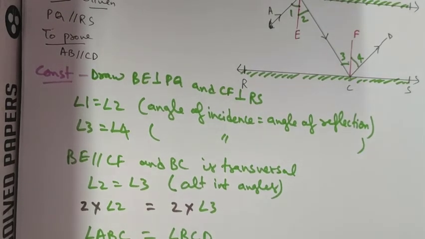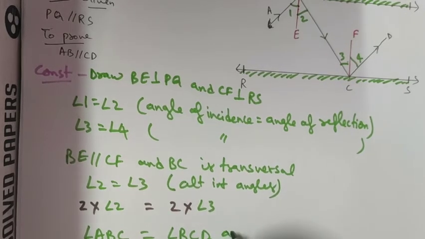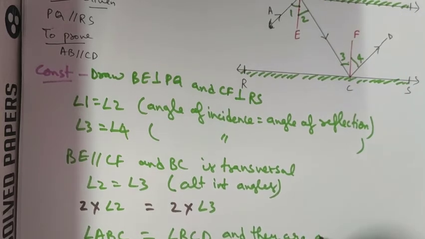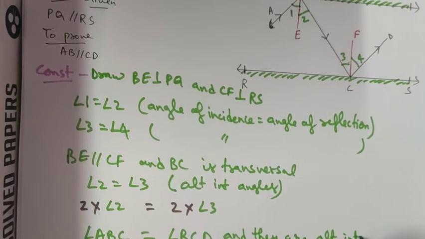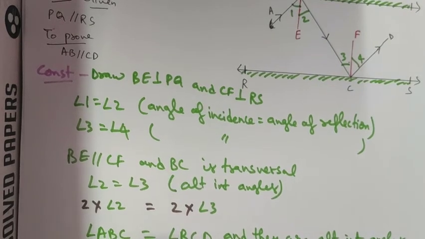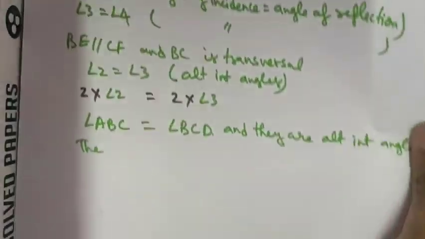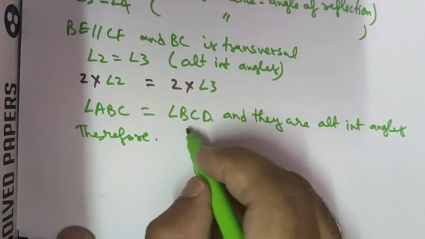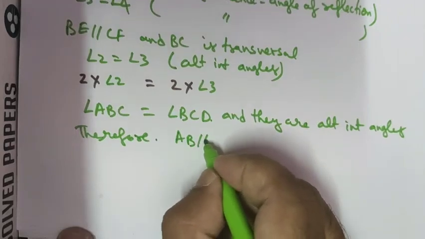So ABC and BCD are equal, and they are alternate interior angles. Therefore, we can say that AB is parallel to CD.